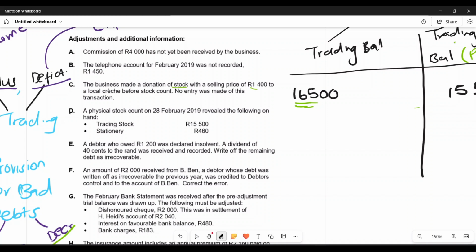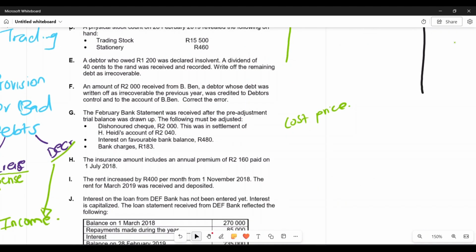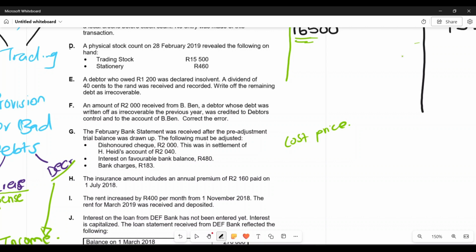Whenever you are dealing with trading stock, you need to make sure that your prices are in terms of your cost price. How would you find the cost price of this stock? Because you're given the selling price here, you would need to make use of your markup formula. Remember, cost plus markup equals your selling price.